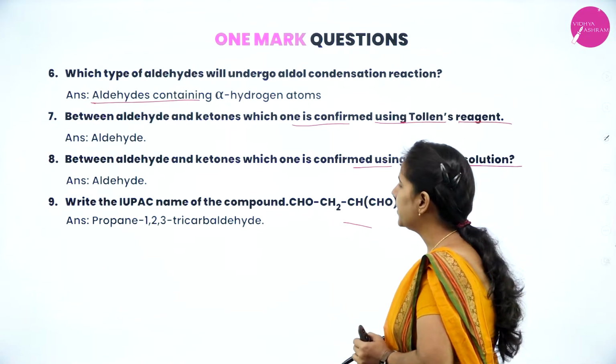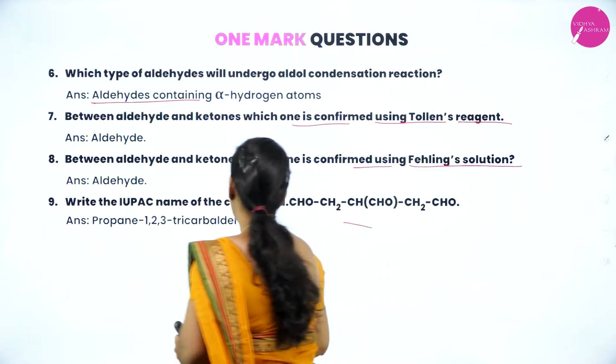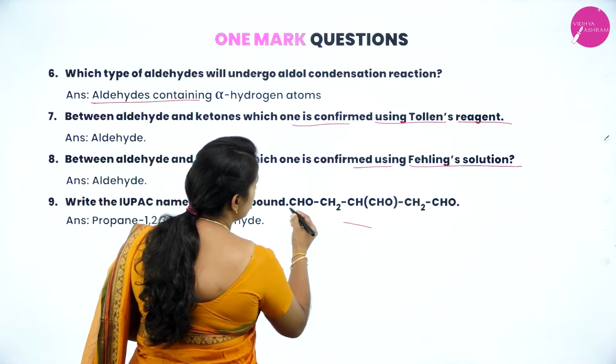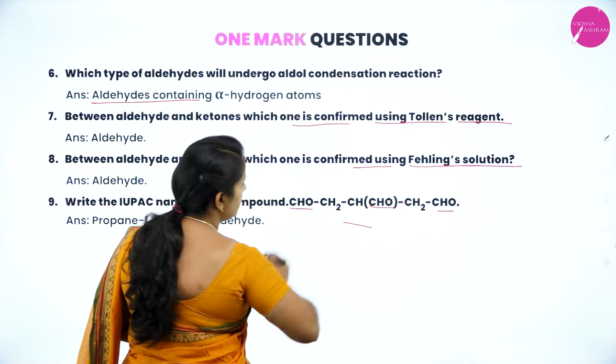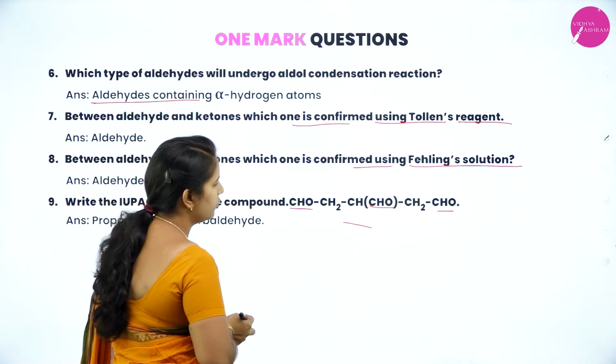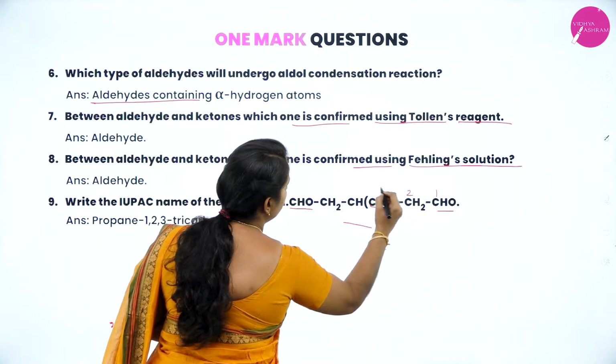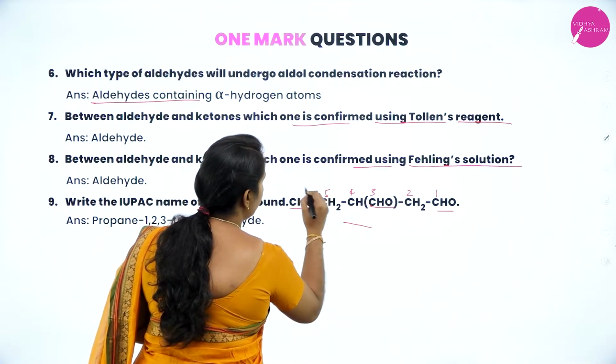Next, write the IUPAC name of the compound. Here you can see that they have given the compound like this. We can see the aldehyde functional group on both sides, three times. So you have to start numbering in this way: 1, 2, 3, 4, 5, 6.